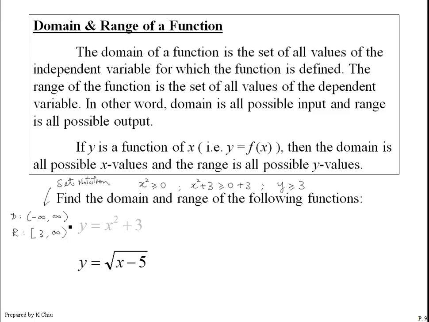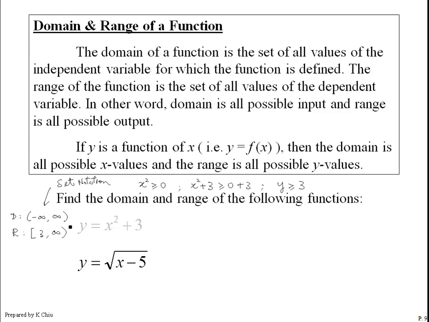How about the next one? y is equal to radical x minus 5. For the domain, you have to think about what could be the x value. The x can be anything in the first case.